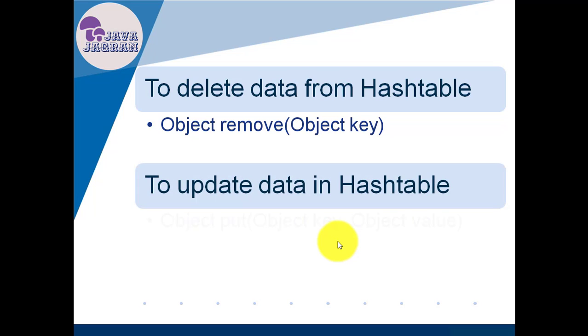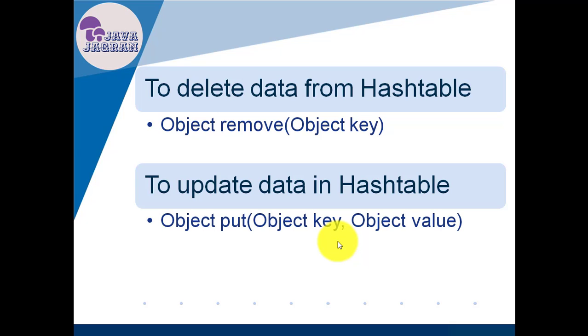And now we talk about update. Just now I told you about the put method. Put can be used in two ways: one for adding data, and one for updating. When updating, if the data is already available and we call the put method, it will find that the key already exists in the hash table, so it will simply replace the value with the given value and return the old value.